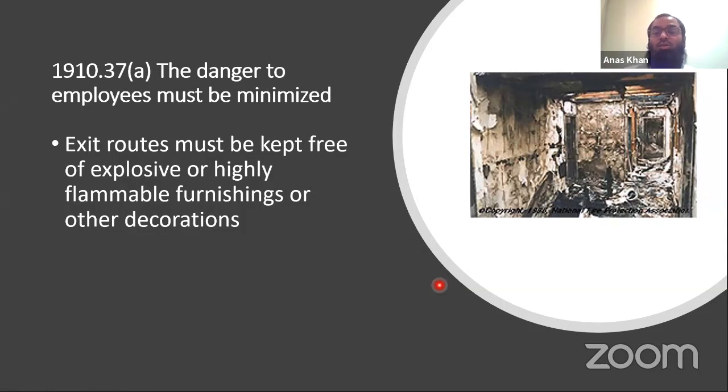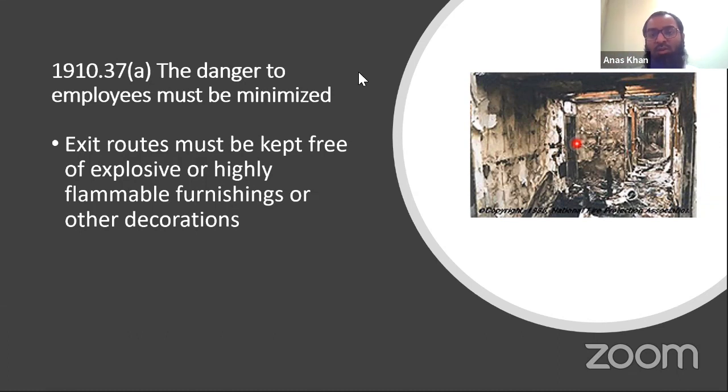Your exit route should not be near combustible material. You should not keep combustible material near the exit route, because it might be possible that a fire starts in the combustible material. If your exit is here and your combustible material is also very close, how are you going to reach the emergency exit?